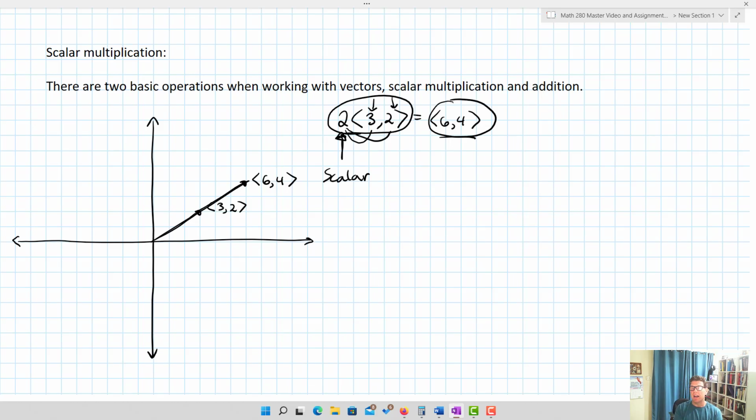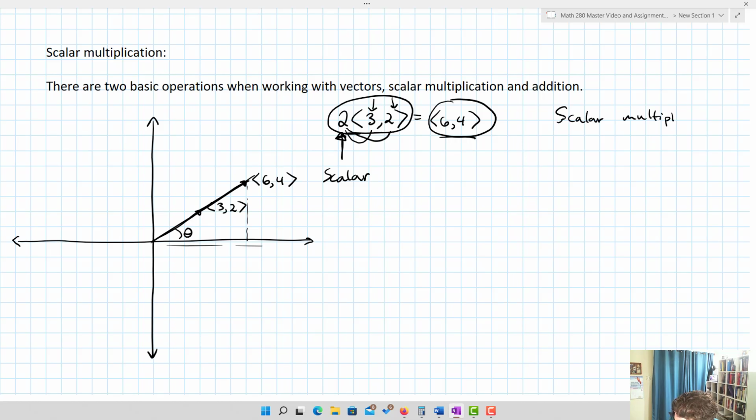Now, we'll see in just a little bit that these two vectors are also in the same direction. It's kind of obvious that they're in the same direction. They have that same theta, and if you look at (6, 4), it's got the same theta. So scalar multiplication does not change direction.